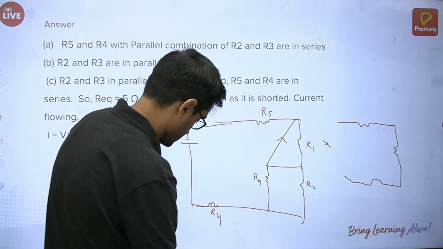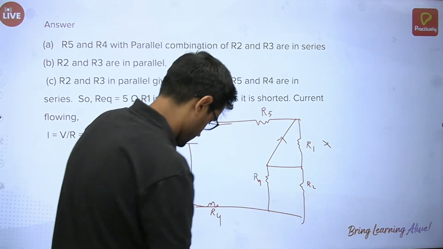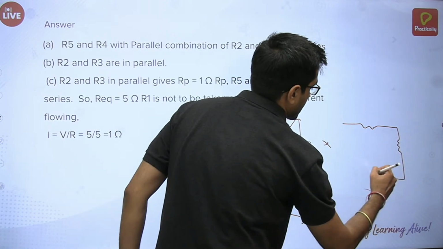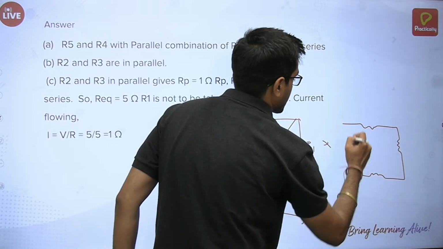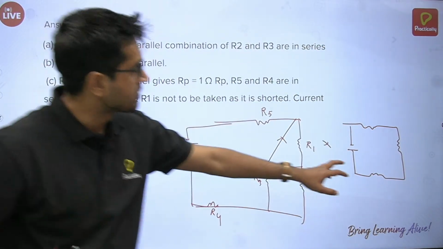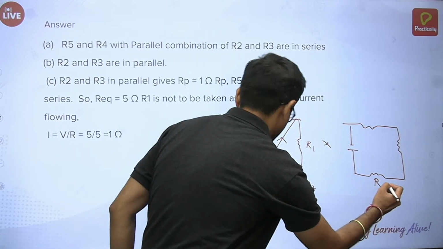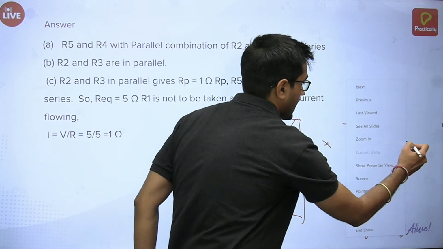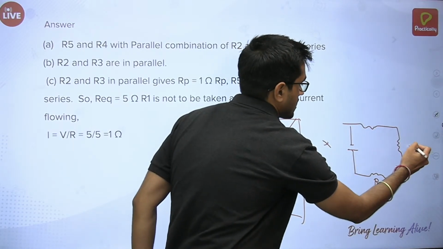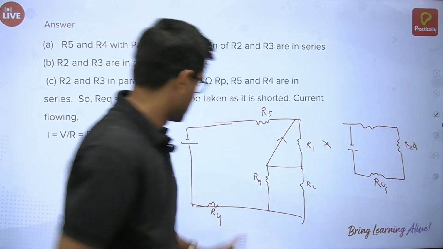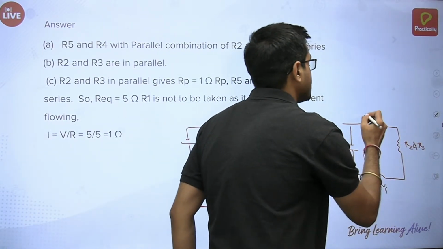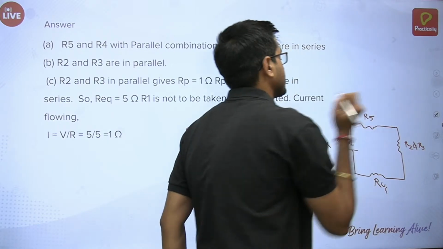Let me just erase this. So what has happened is simple. R4 has come with the parallel combination of R2 and R3. And then R5.